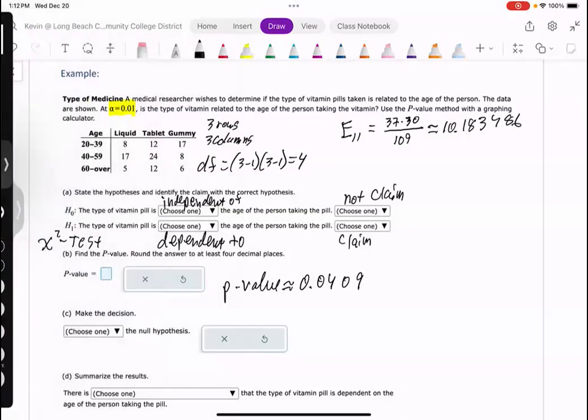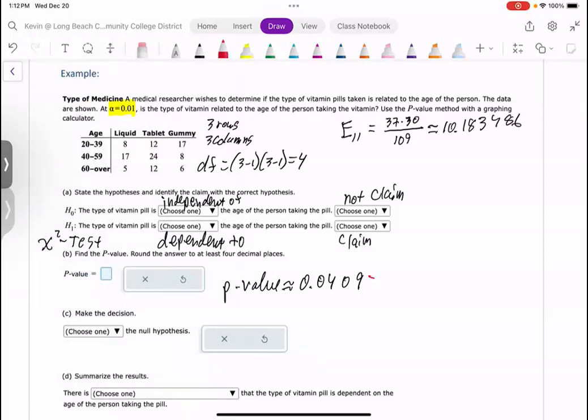And either way, looking at my alpha, this is way bigger than my alpha. Which means we are going to fail to reject the null hypothesis.